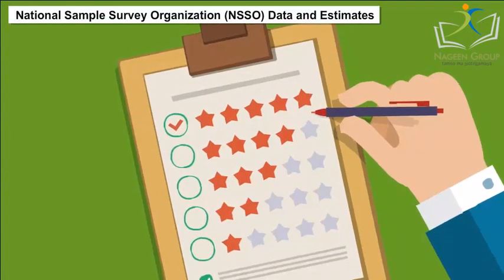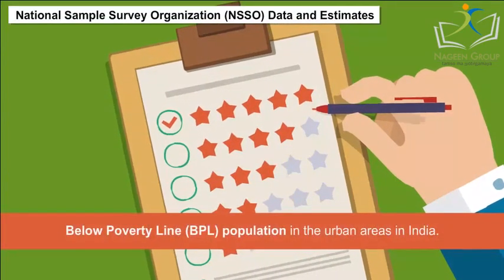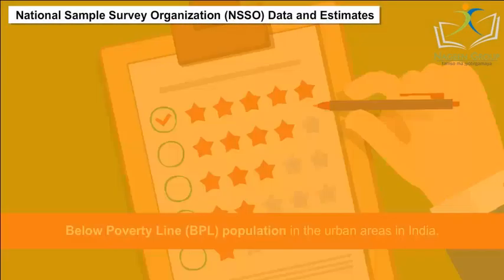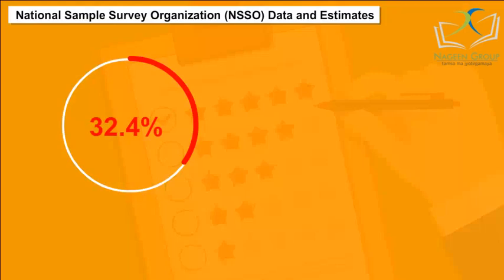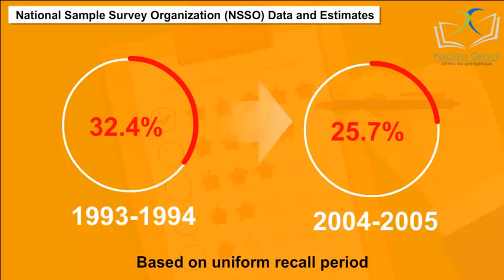The percentage of below poverty line or BPL population in the urban areas in India has declined from 32.4% in 1993-94 to 25.7% in 2004-2005, based on Uniform Recall Period.